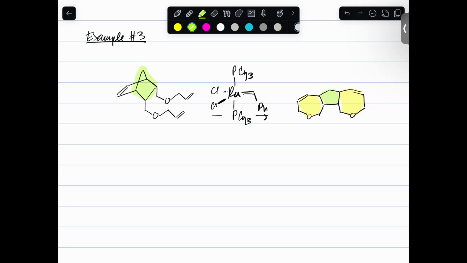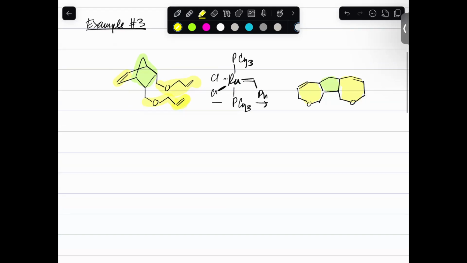The 5-membered ring has no double bonds to it, so it's not going to break open. The Grubbs metathesis is specific to rings and acyclic structures with double bonds. So all the chemistry is happening with anything that has the double bond in it, i.e. the ends of it. So let's go ahead and jump in.